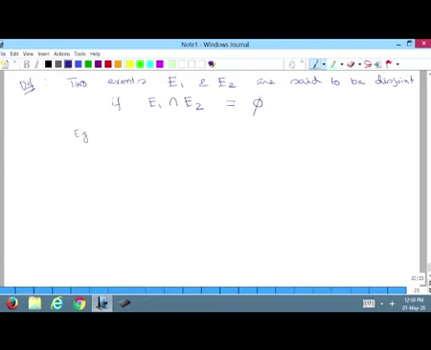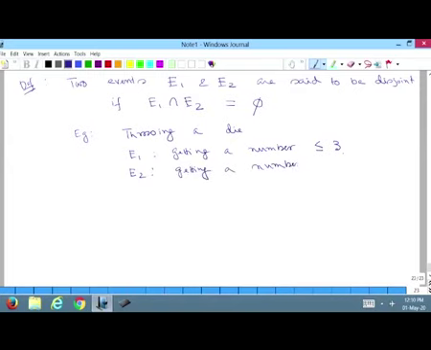Example: throwing a die, E1 is getting a number less than or equal to 3. E2 is getting a number greater than 4. You can see that these are disjoint.